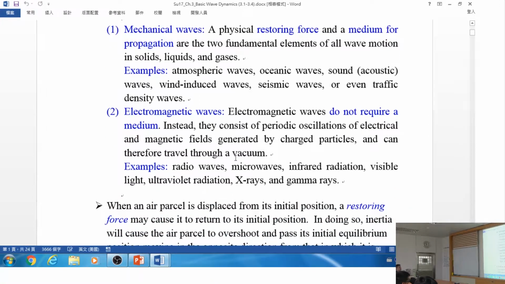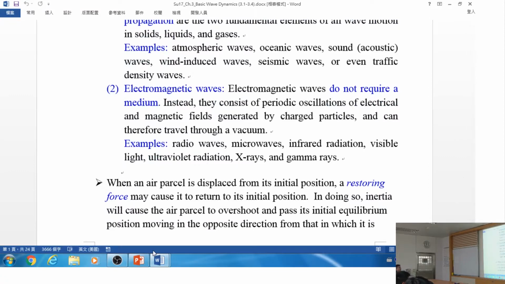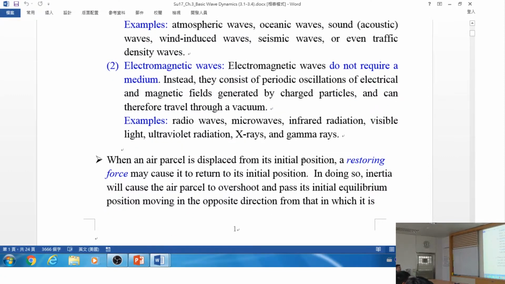Like radio waves, microwaves, infrared radiation, visible light, all of those don't need any medium. So if an air particle is displaced from its initial position, a restoring force may cause it to return, like the example I mentioned.